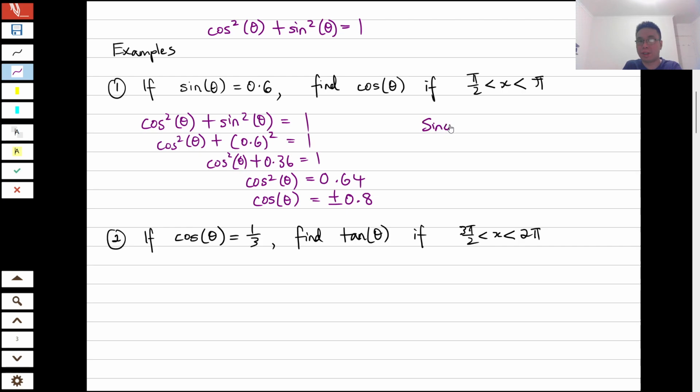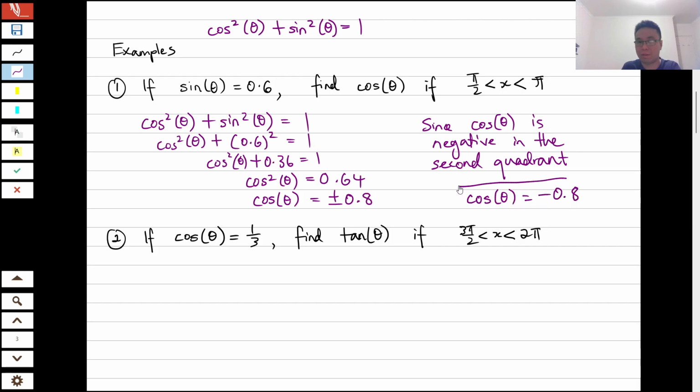And since cosine is negative in the second quadrant, our final answer is cos theta is negative 0.8. And there you go.